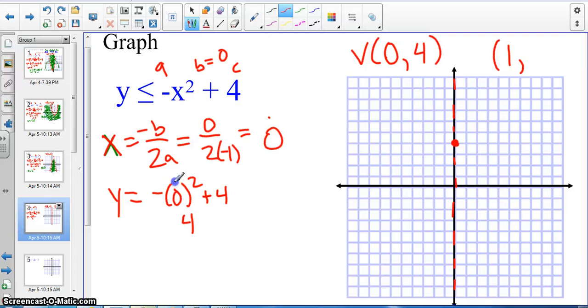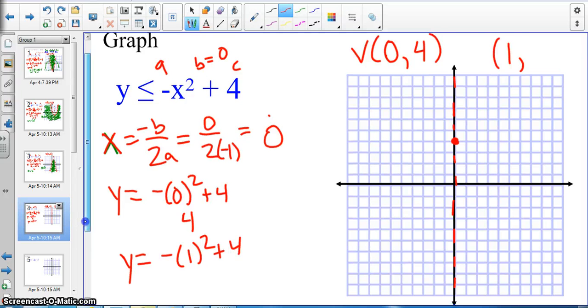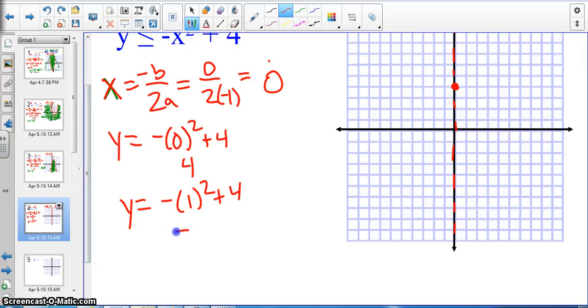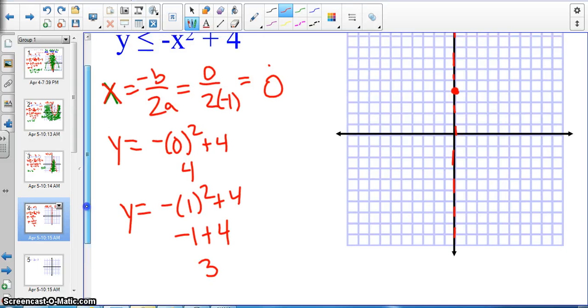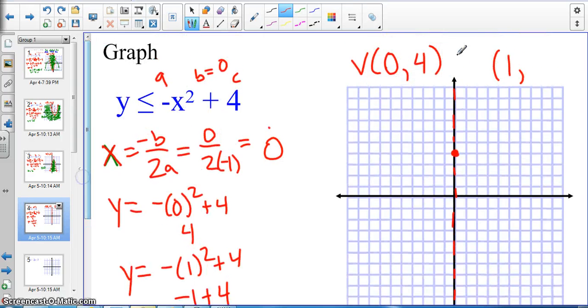Plug it in to your equation to see what your y is going to be. So 1 squared is 1. Negative 1 plus 4 is positive 3. So when we picked a number for x and plugged that in, we got 3 for our y. So there's our ordered pair, 1, 3.